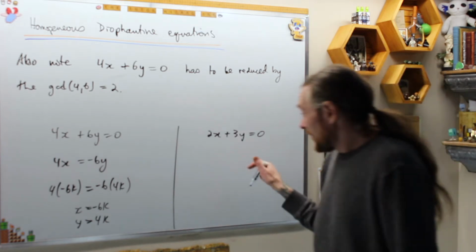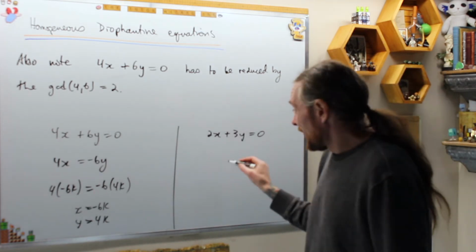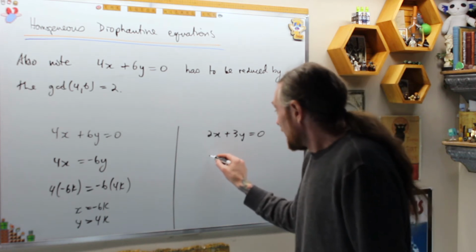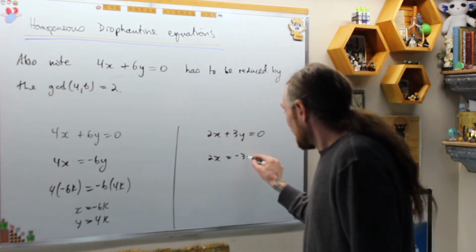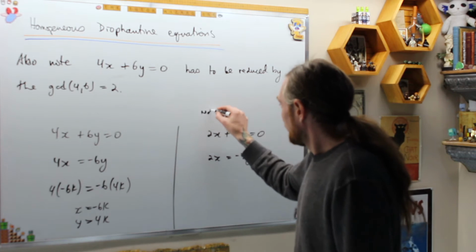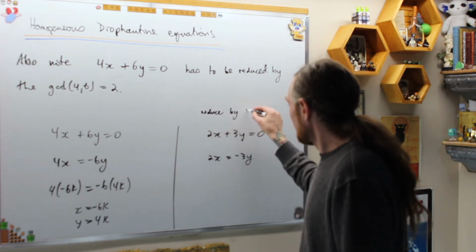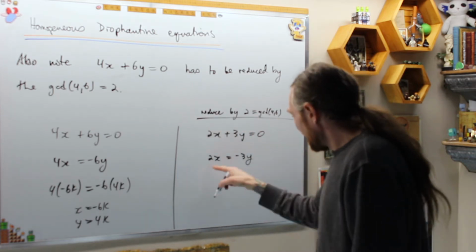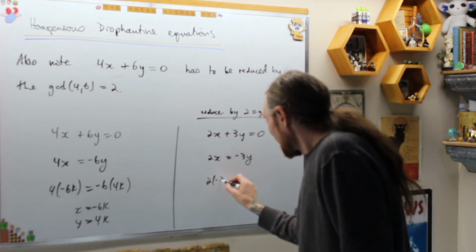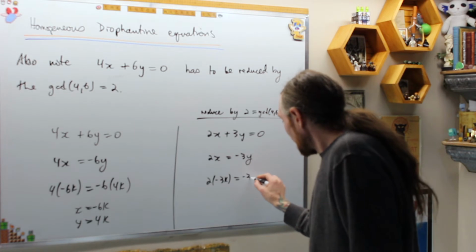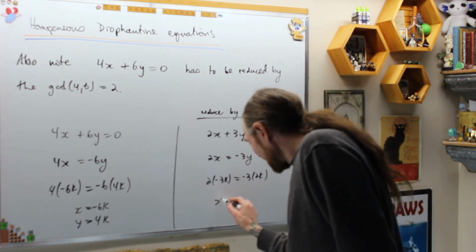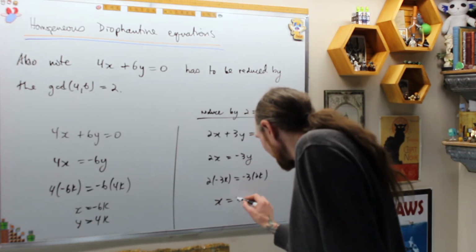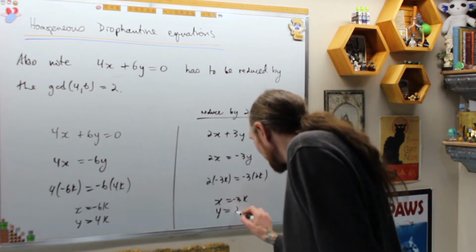Now if I do the same thing with this reduction, this will be 2x equals negative 3y. So we're going to reduce by 2, which is the GCD of 4 and 6. If I do that this time, then I'm going to get 2 times negative 3k equals negative 3 times 2k. So that says that the general solution is going to be x equals negative 3k and y equals 2k.